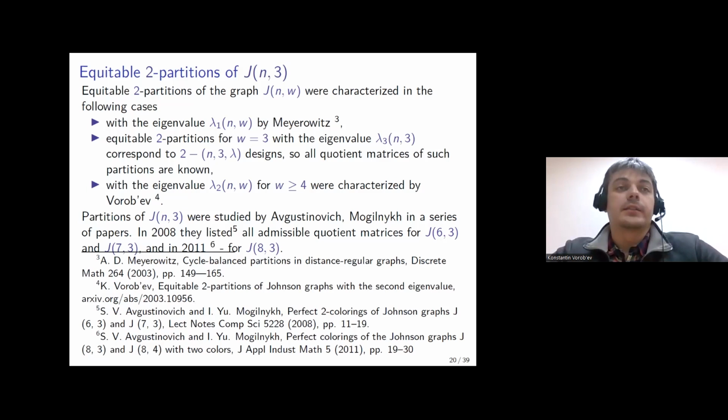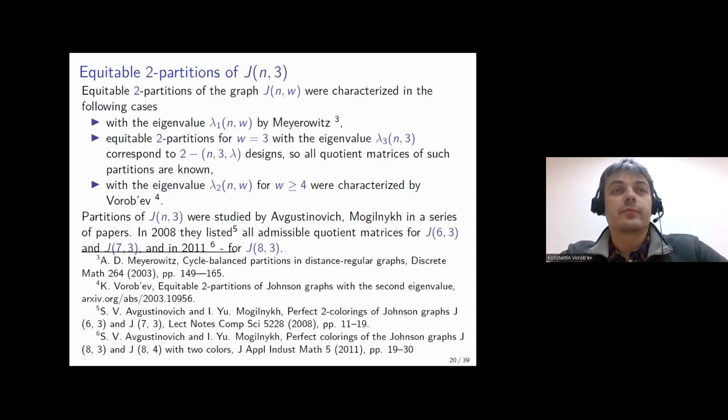Also, partitions of Johnson graphs J(n,3) were studied by Avgustinovich and Mogilnykh in a series of papers. In particular, in 2008, they listed all admissible quotient matrices for graphs J(6,3), J(7,3), and in 2011 for J(8,3).